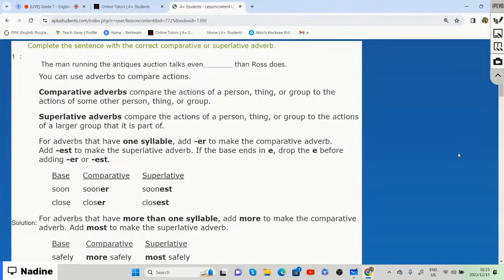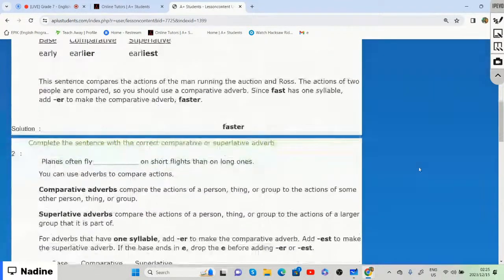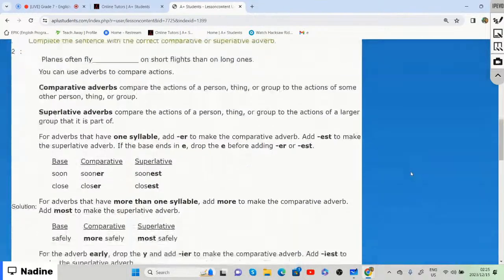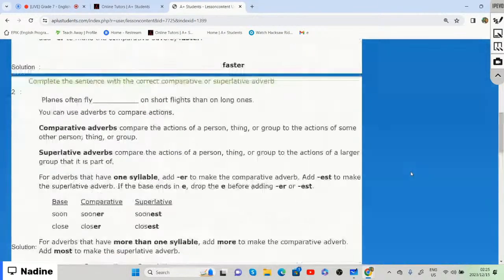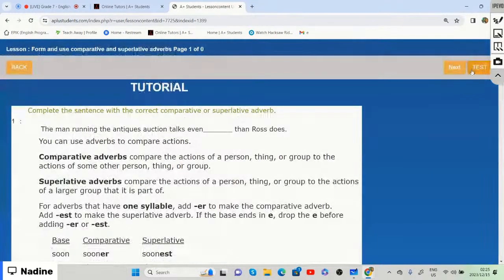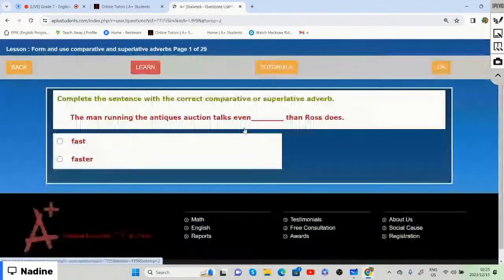All right. Let's go to our test. We need to complete the sentence with the correct comparative and superlative adverb.